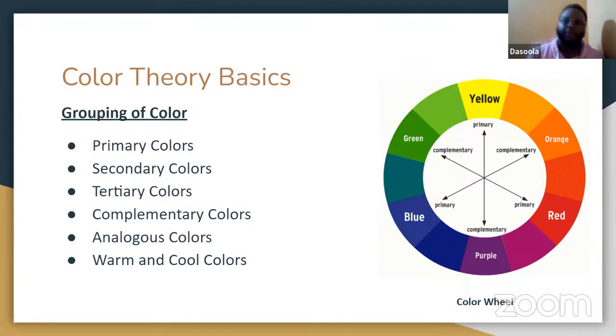These are just ways that we group colors so we can better understand them and in that way better use them. Complementary colors are colors that are directly opposite each other on the color wheel. And so these are just ways that we can specify what type of color we want to use in certain situations. It's just a way to make things easier for us.